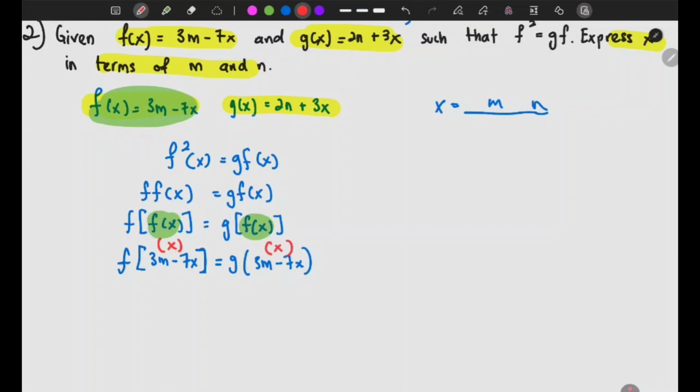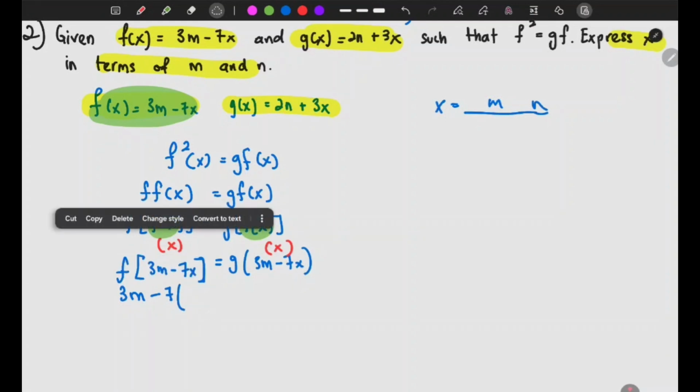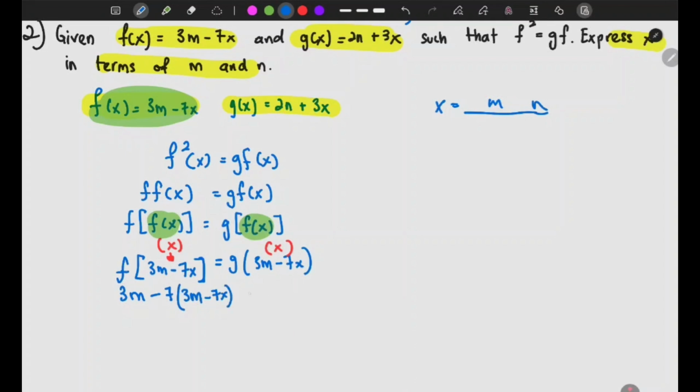This is my x. Maybe I should write it down a little bit. This is my x. So you have to write back the same thing: 3m minus 7x. And this is equal to g(x), which is 2n plus 3 times my x, which is 3m minus 7x. 3m minus 7 times 3.